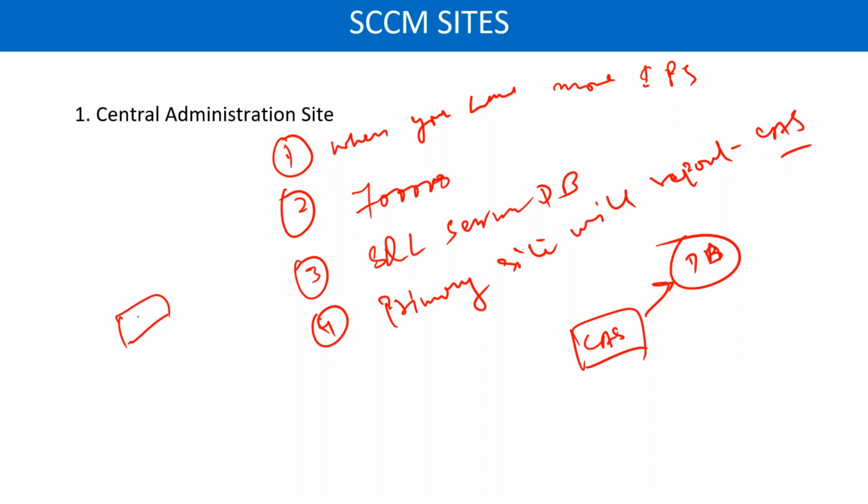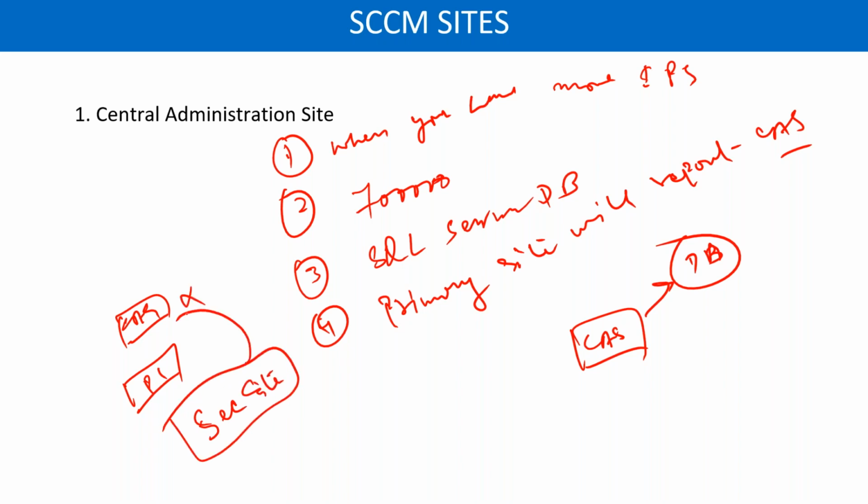If we have CAS, a primary site, and a secondary site, the secondary site cannot directly talk to the central administration site. That's not possible. The secondary site will always be talking to the primary, and the primary will be talking to central. So that is the central administration site, guys.